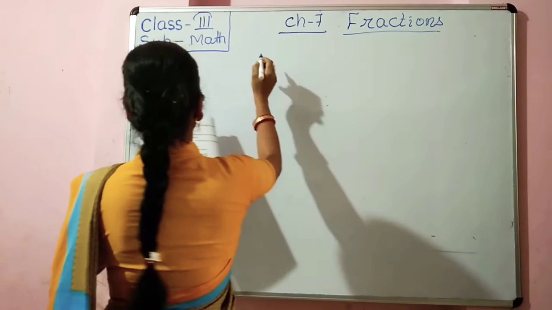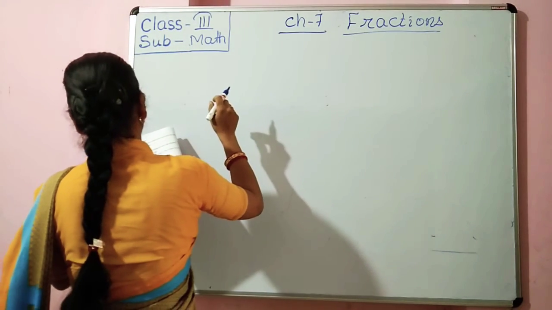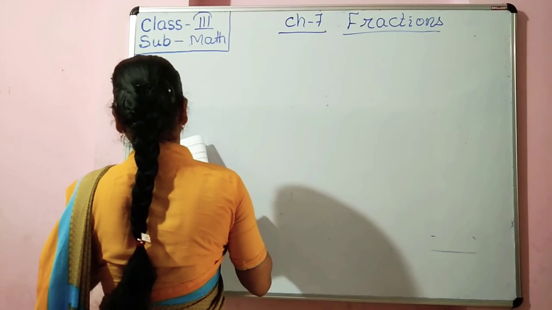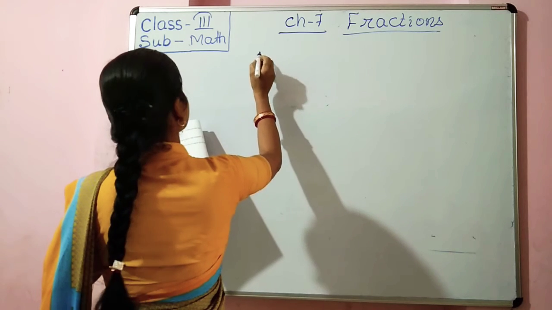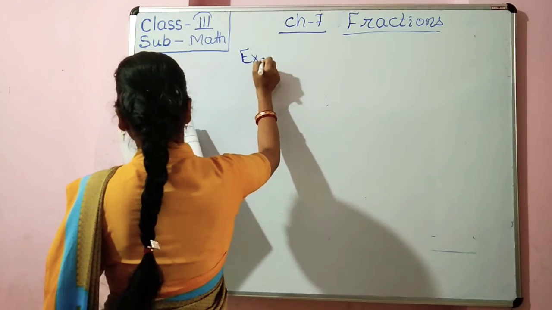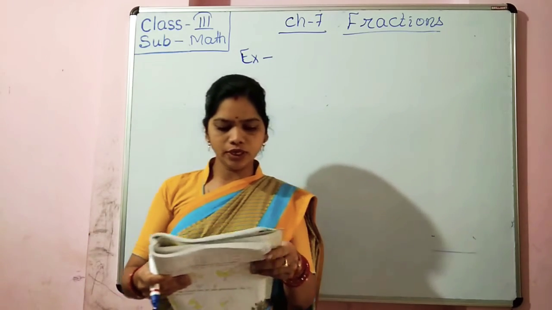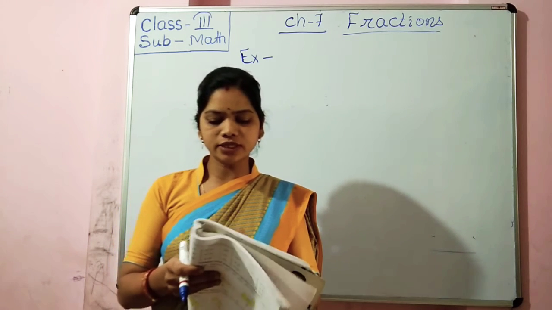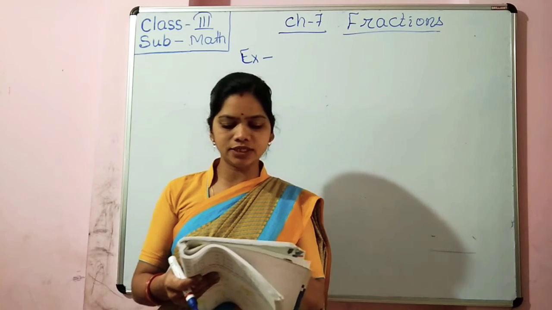Suppose we want to find out 1 by 4 of a collection. Look at an example: Sarita was carrying 28 chocolates, of which she dropped 1 by 4. How many chocolates did she drop?